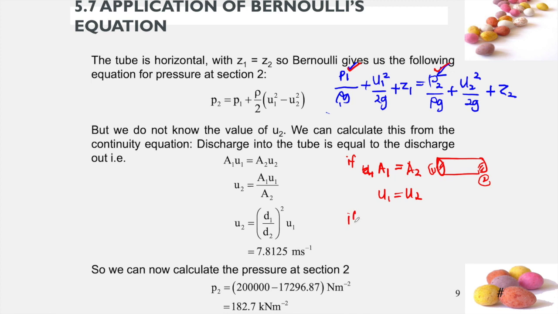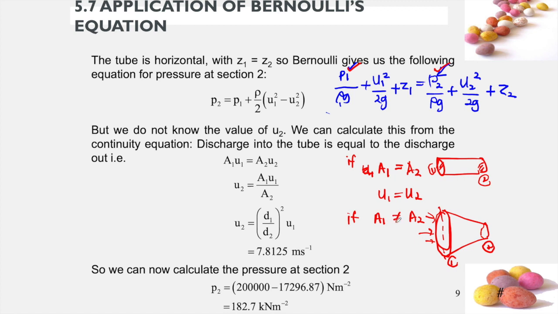If A1 is not the same as A2, so let's say you have this contracting pipe. So this is your point 1. The area here is not the same as the area here, point 2. So the fluid will flow here.